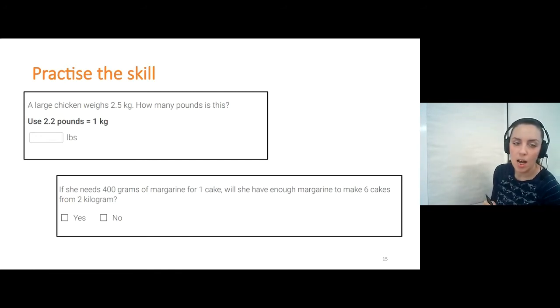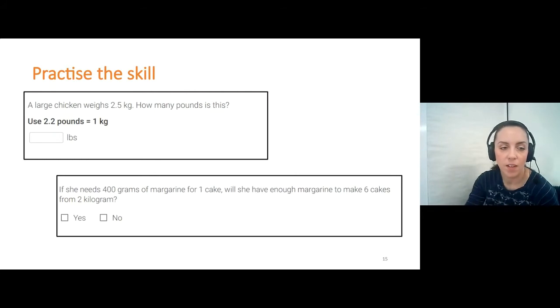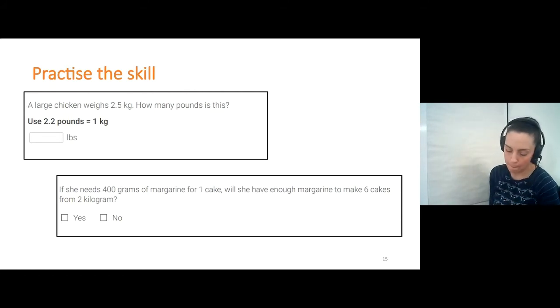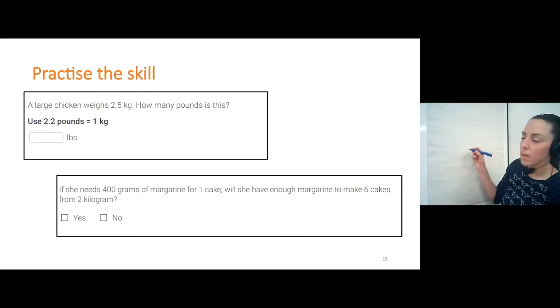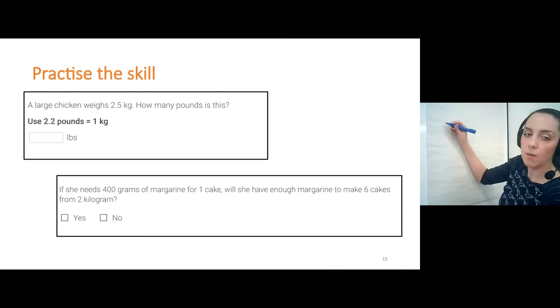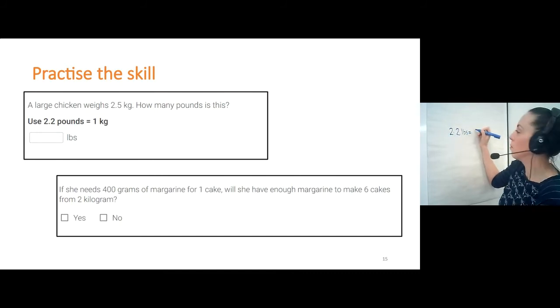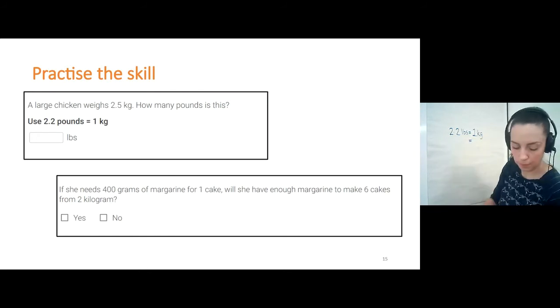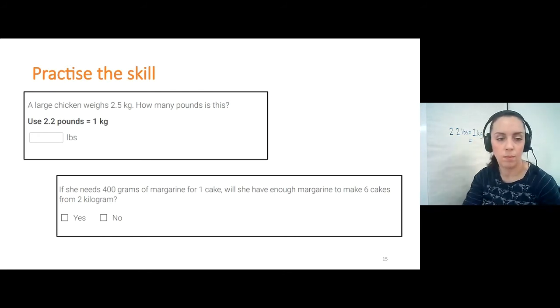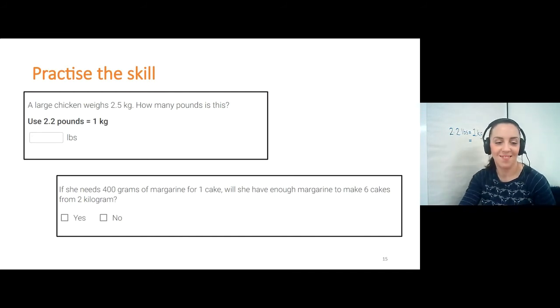So how many pounds is 2.5 kilograms? I'll just set it up while you're having a go. Well done.